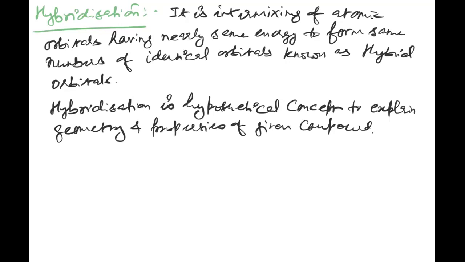First, we'll see more points related to this, and then we'll try to understand it also. Hybridization is a hypothetical concept to explain geometry and properties of a given molecule.